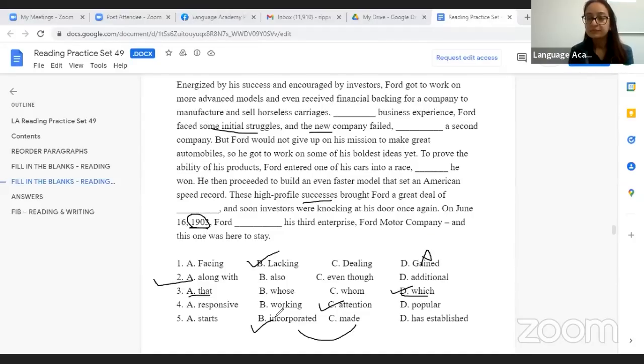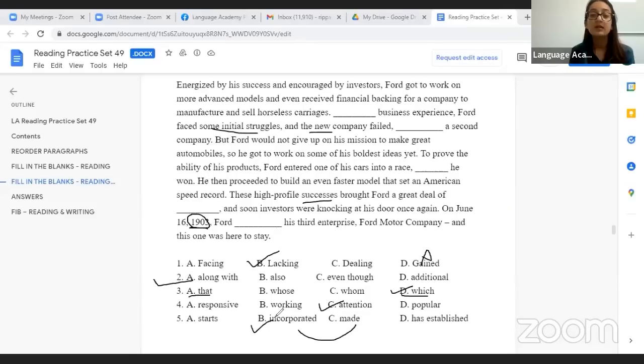right? No, because has is present tense, Pandey, and we need past tense. Has is present tense, Suman. So they say on 1903, Ford has established. On this particular day, 16 June 1903, something has happened.